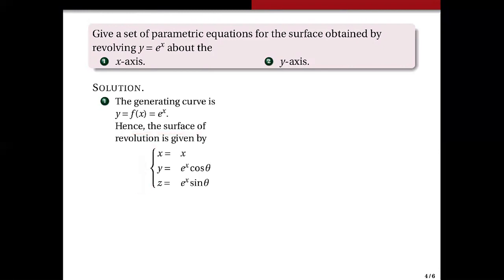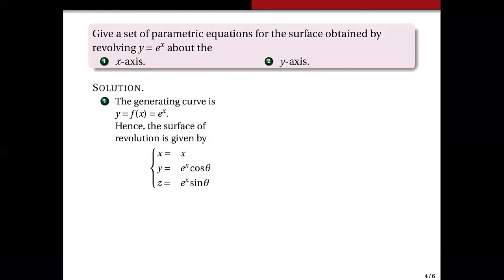You can let x equals x, y equals e to the x cosine theta, z equals e to the x sine theta. If you want to use other parameters, maybe x equals t, y equals e to the t cosine theta, z equals e to the t sine theta, that's totally fine.